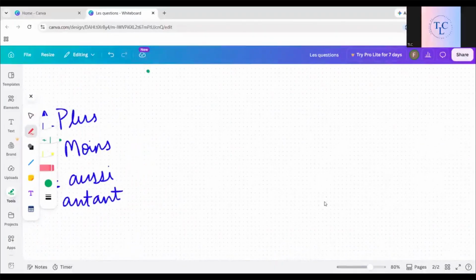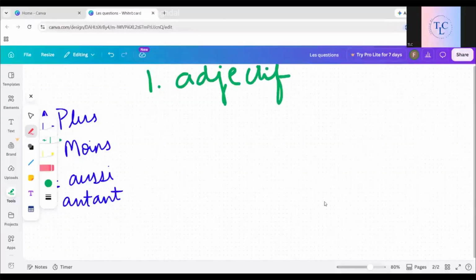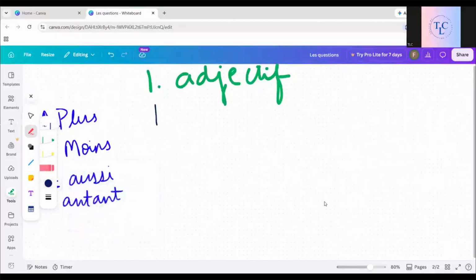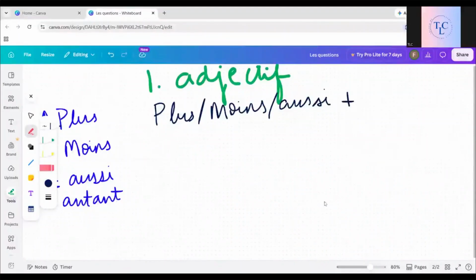So, depends on what you're comparing. Okay, if your basis of comparison is an adjective, then we have plus or moins or aussi, and then we have the adjective.